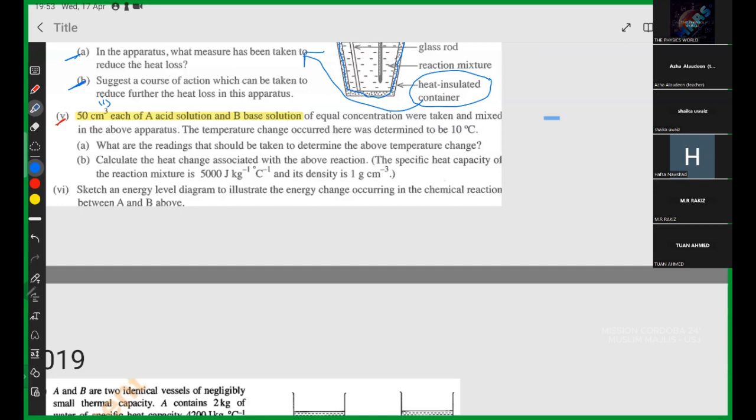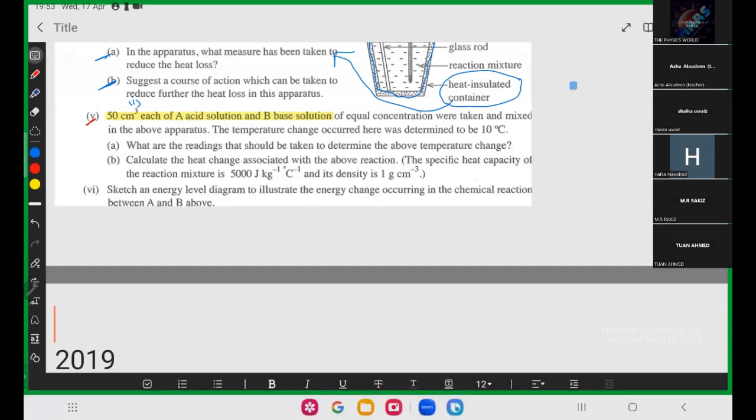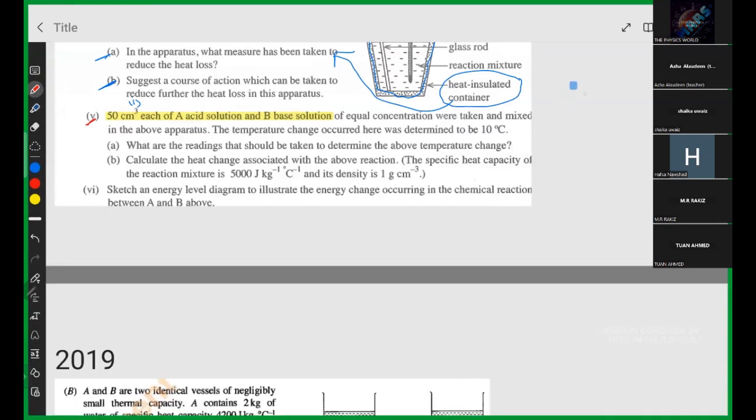So in a container, they are taking 50 centimeter cube of acid and 50 centimeter cube of base. Altogether, the total volume is 100 centimeter cube; centimeter cube means milliliter. The temperature change that occurred was 10 degrees Celsius, which is already given.